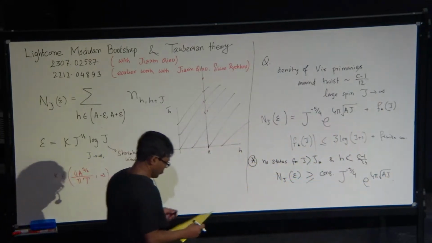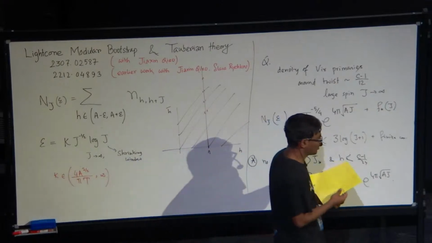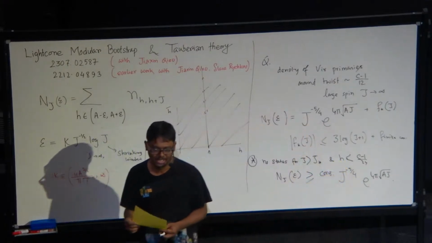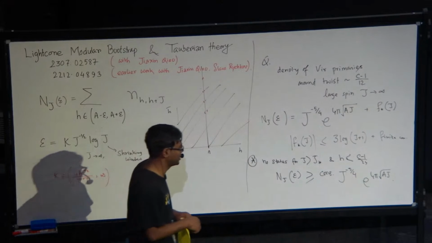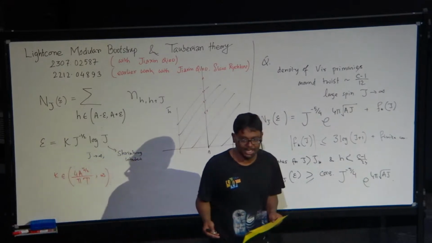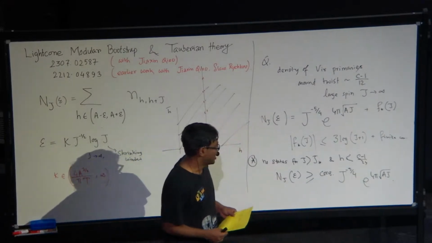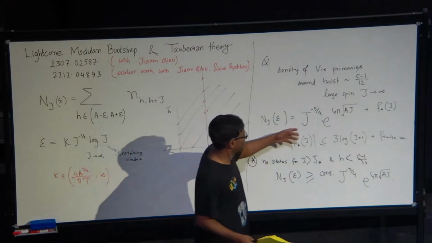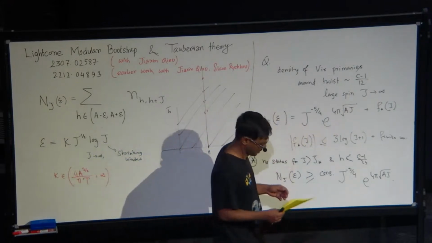And another important point is that one can always do the naive Cardy analysis, and this will give you a continuous function. And so you can take that naive answer and try to estimate the number of operators in this window.